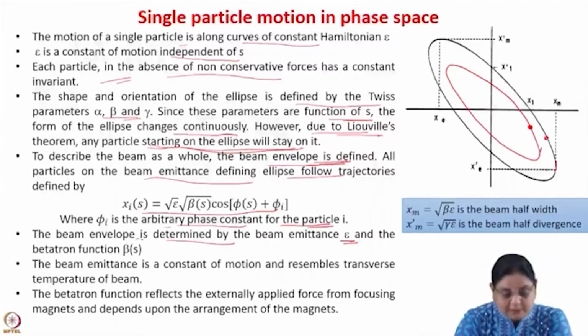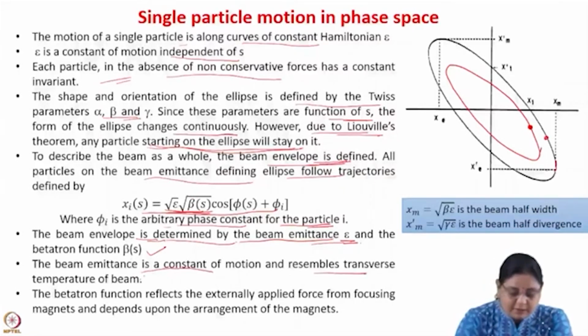So the beam envelope or the beam size, the maximum beam size, is determined by the beam emittance epsilon and the betatron function beta s. So square root of epsilon times square root of beta tells us about the beam envelope. The beam emittance is a constant of motion and it resembles the transverse temperature of the beam.